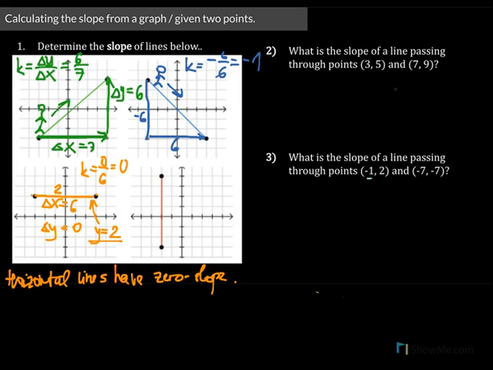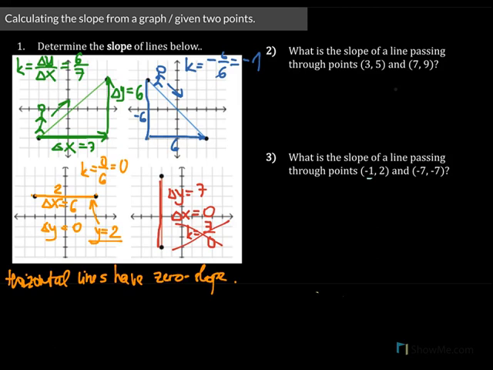The next case, I have a vertical line this time, so again my vertical change is 7, but I don't need to go to the left or to the right, so change in x is 0. And if I follow my formula for the slope as change in y over change in x, I am dividing by 0, which is not defined.